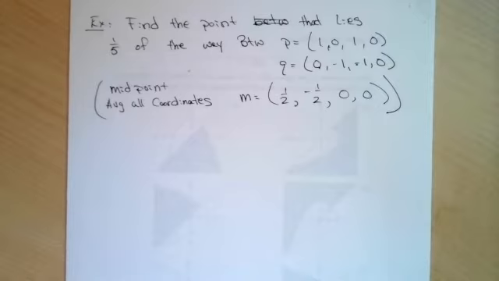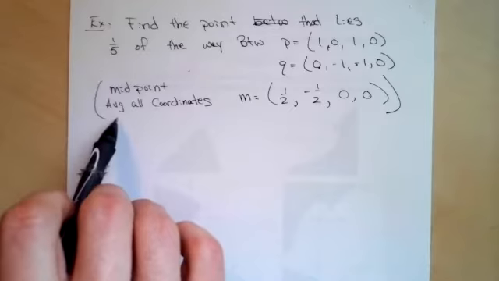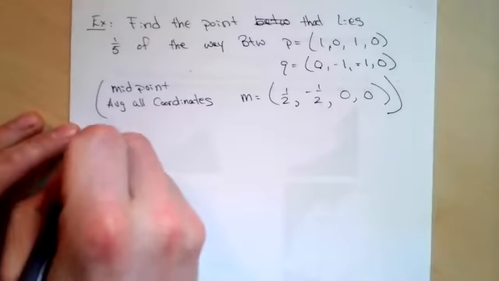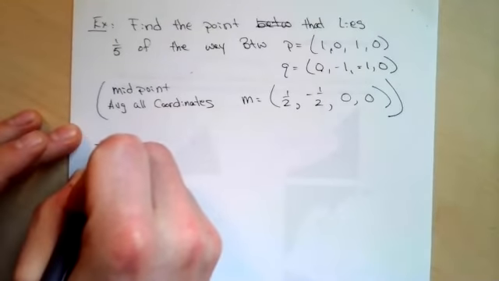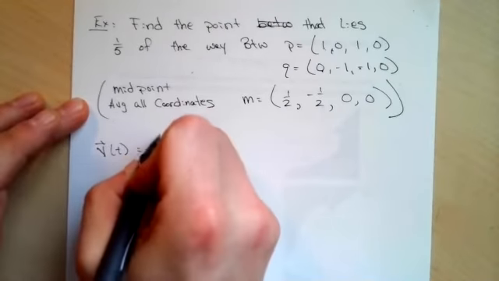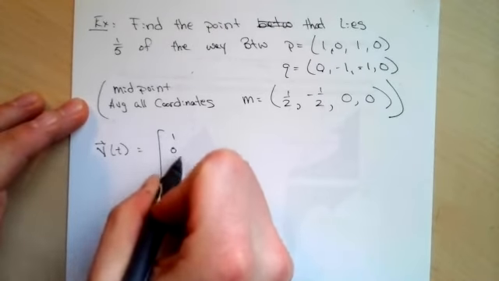Well, if you're really clever and you understand a little bit of probability, you might think of it as simply a weighted average of the coordinates. That would actually get it to you. But let's take our geometric approach now. So we can find the line between P and Q as 1, 0, 1, 0.